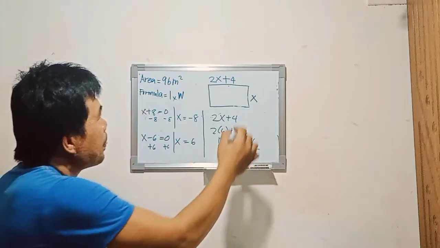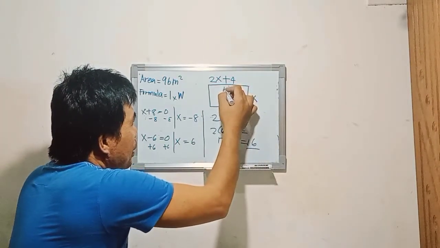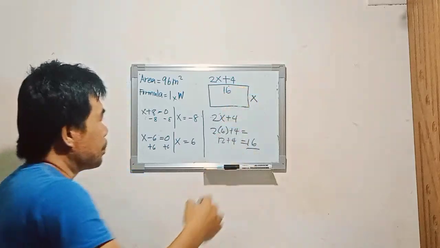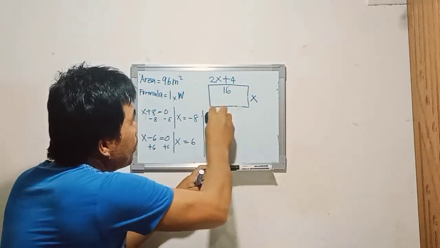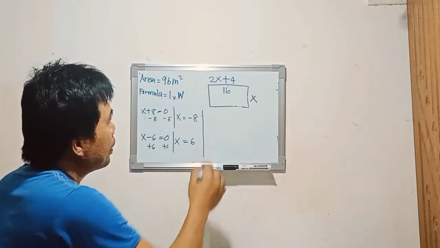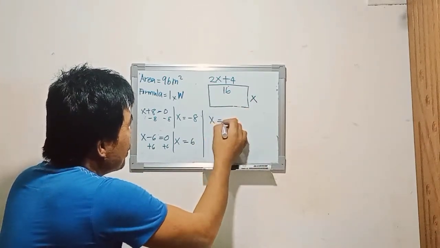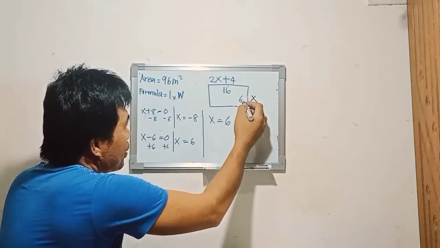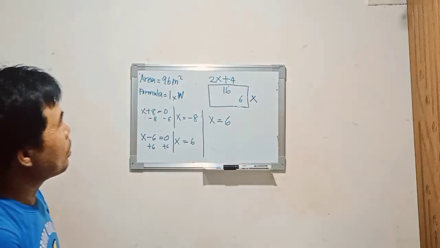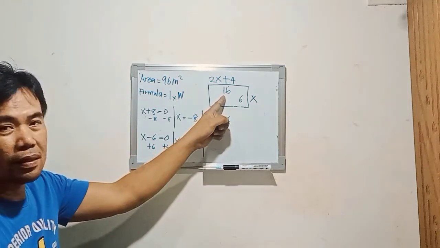So therefore, this length is equal to 16. We will substitute x in the width. So x is equal to 6. So therefore, this width here is equal to 6. So our answer is 16 and 6.